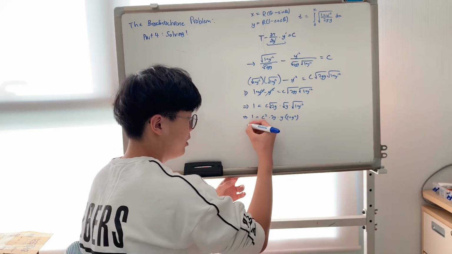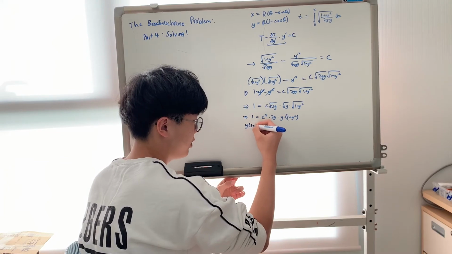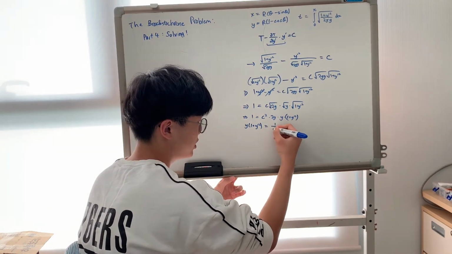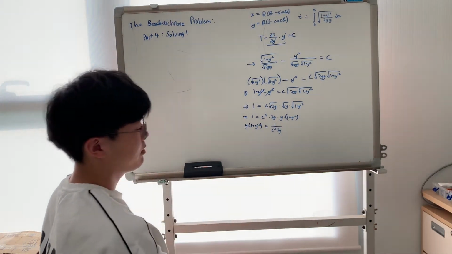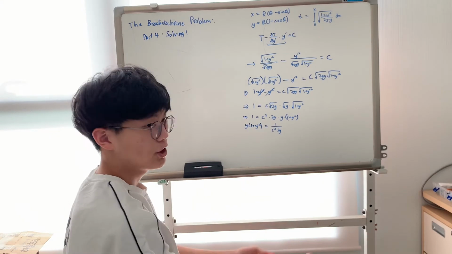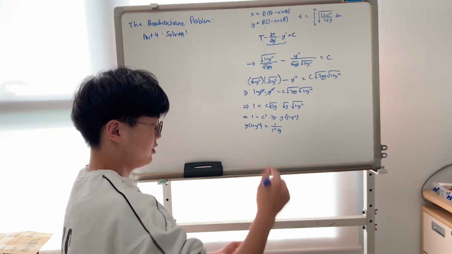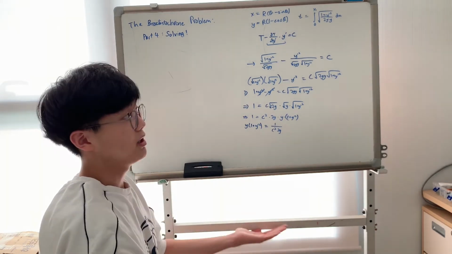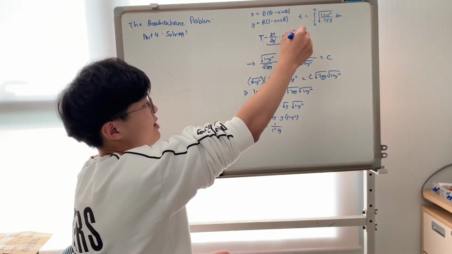We get y times 1 plus y prime squared is equal to 1 over c squared times 2g, c being any constant. And because we define c as just any constant, 1 over c squared times 2g is also just any constant.